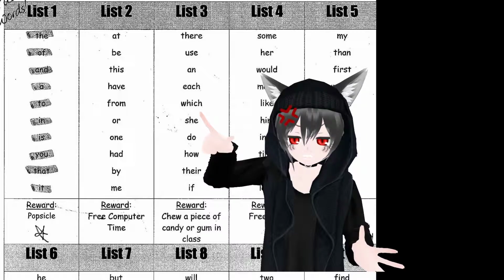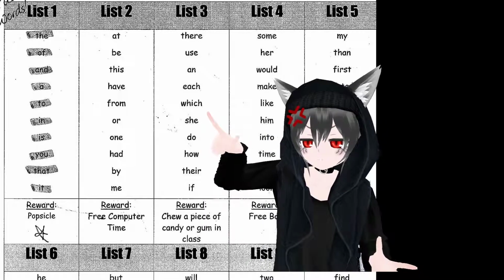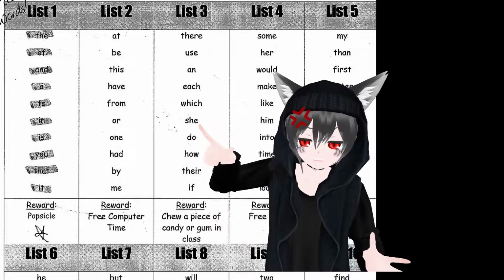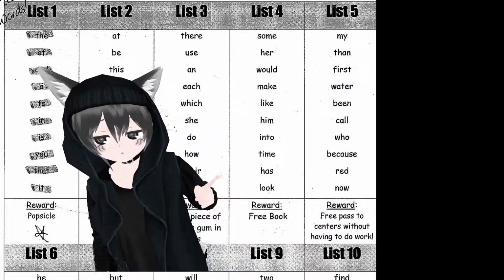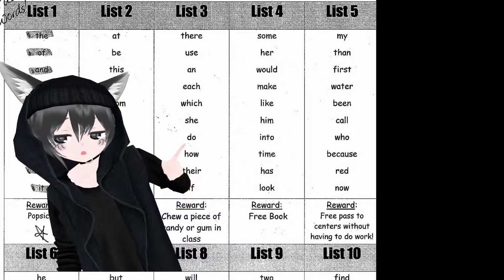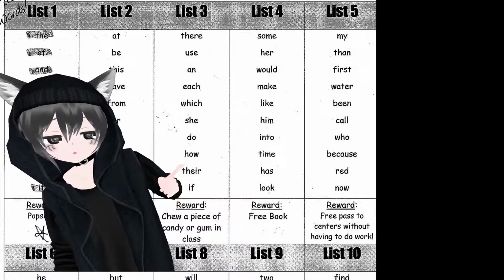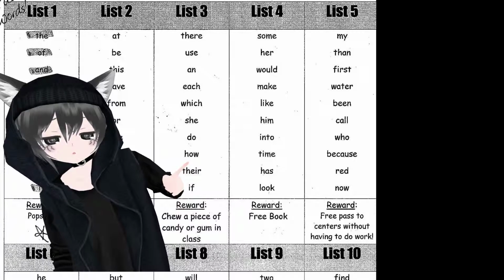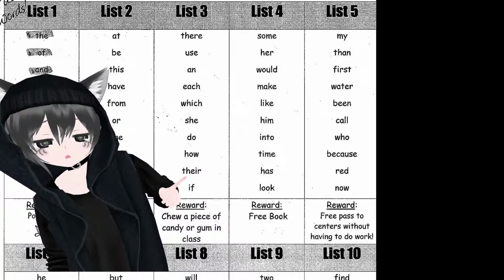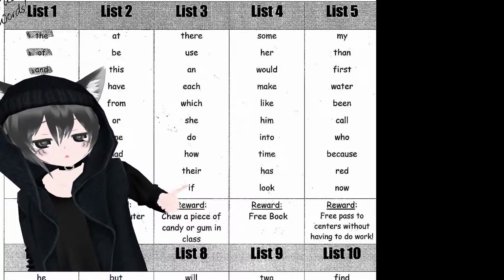All right, and the next word, which. And the next word, she. And then this one, do. And that one, how. This one here, there.